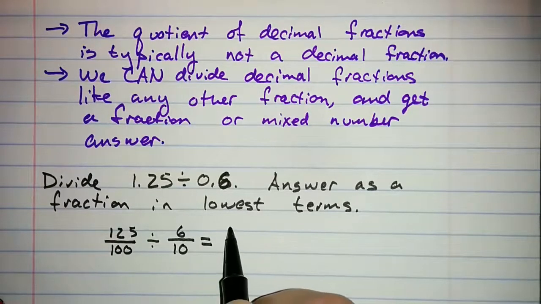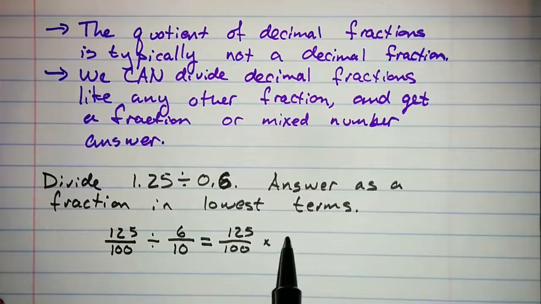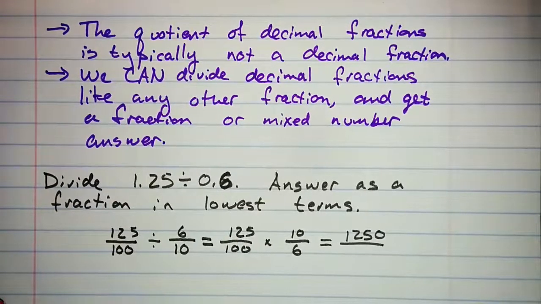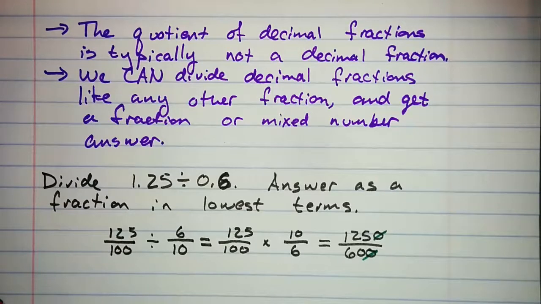So this is 125 100ths times 10 sixths. Let's see, 125 times 10 over 6 times 100. Cancel out a common 10, but I think 125 and 60 also have a factor of 5 in common.